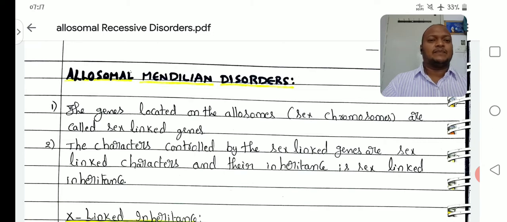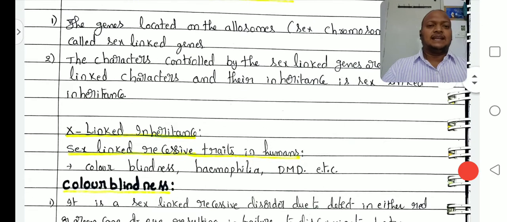Next one, X-linked inheritance. What is meant by X-linked inheritance? In the allosomal Mendelian disorders, we are going to discuss recessive disorders. Dominant disorders are also there, some examples are given in the flow chart. Today we are going to discuss allosomal recessive disorders, that is sex-linked recessive traits in humans, or X-linked inheritance.